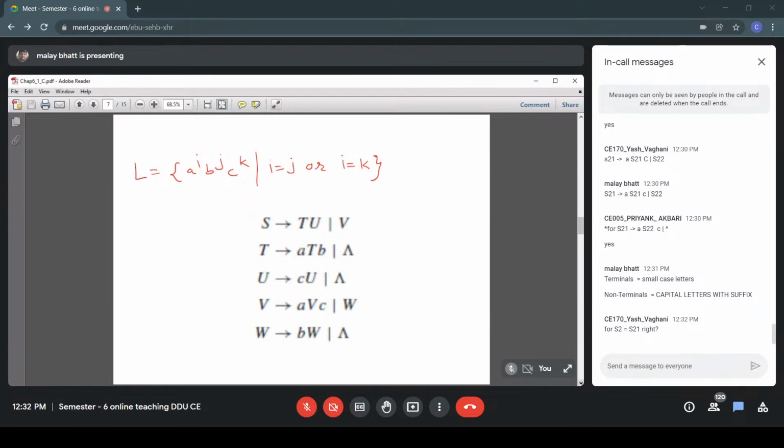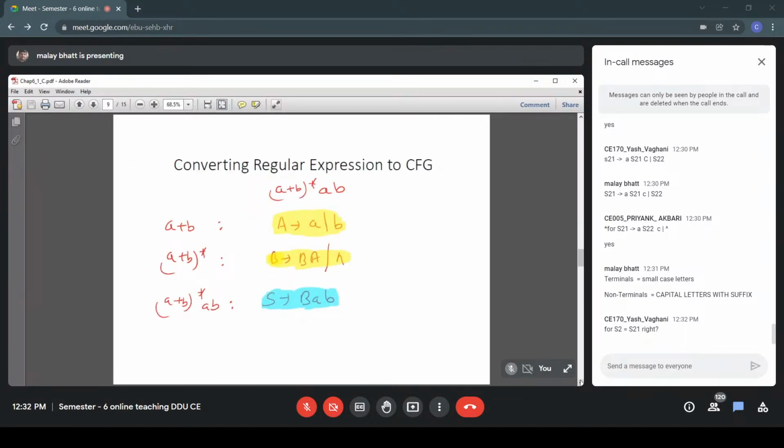So let us see one more interesting thing: for every regular expression, we can write a context-free grammar, because we know that CFG is more powerful than regular expressions or regular grammar.